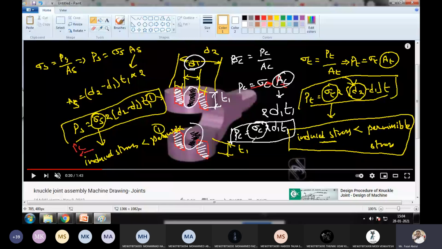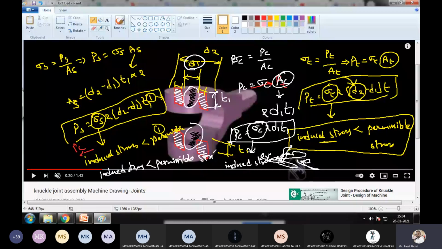Induced stress should be less than permissible stress.